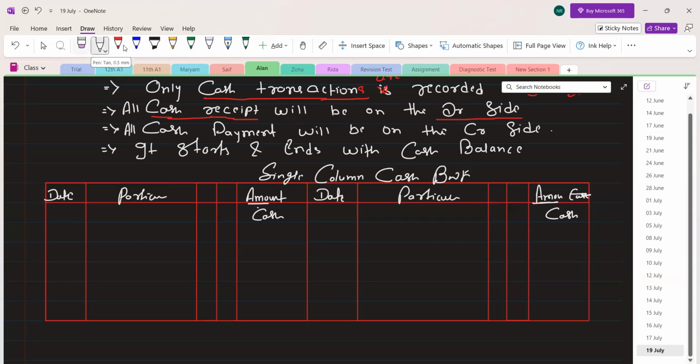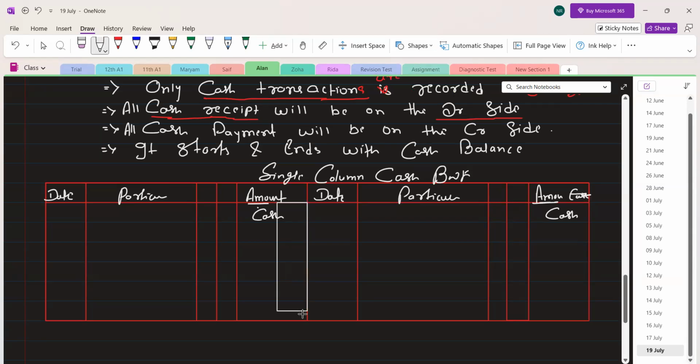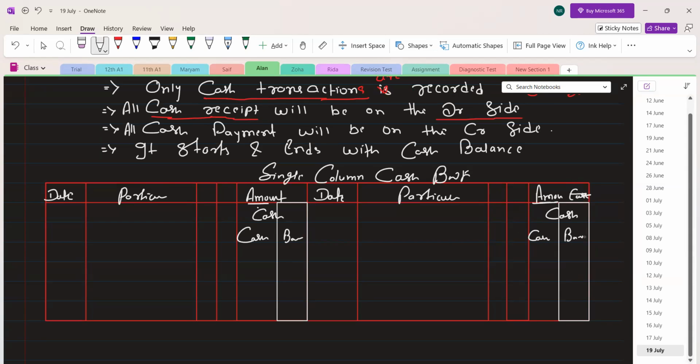Now, if I create two amount columns on both sides, one for cash, one for bank, one for cash, and one for bank, meaning two amount columns on each side, then it will be called a double column cash book.